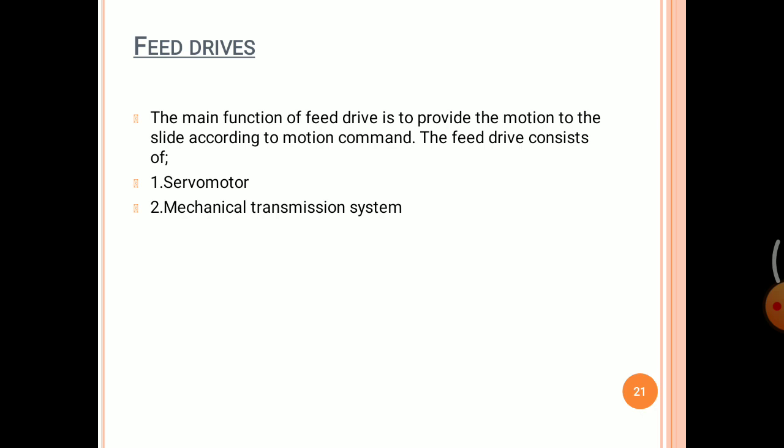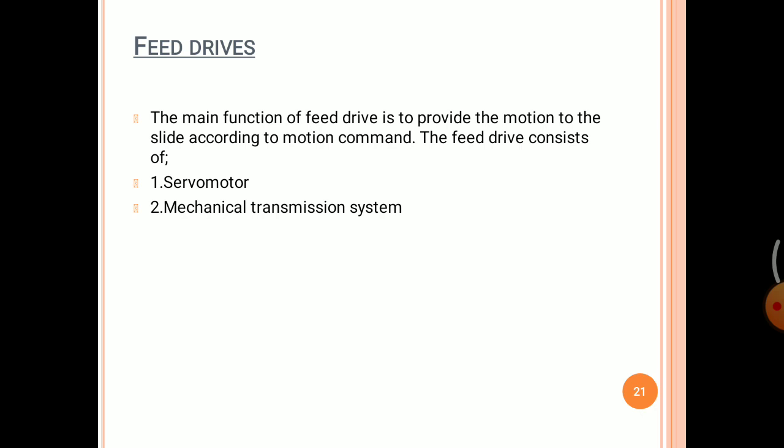Now, we should understand what a servo mechanism is. The servo mechanism is basically a closed loop system consisting of a control device, controller, output sensor, and feedback system. This servo motor works on the servo mechanism, therefore it is known as a servo motor.